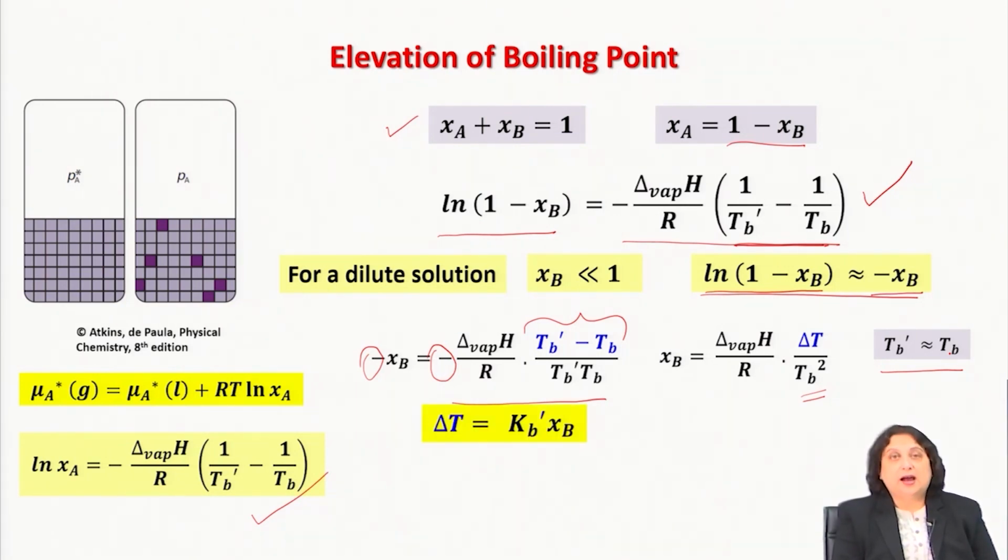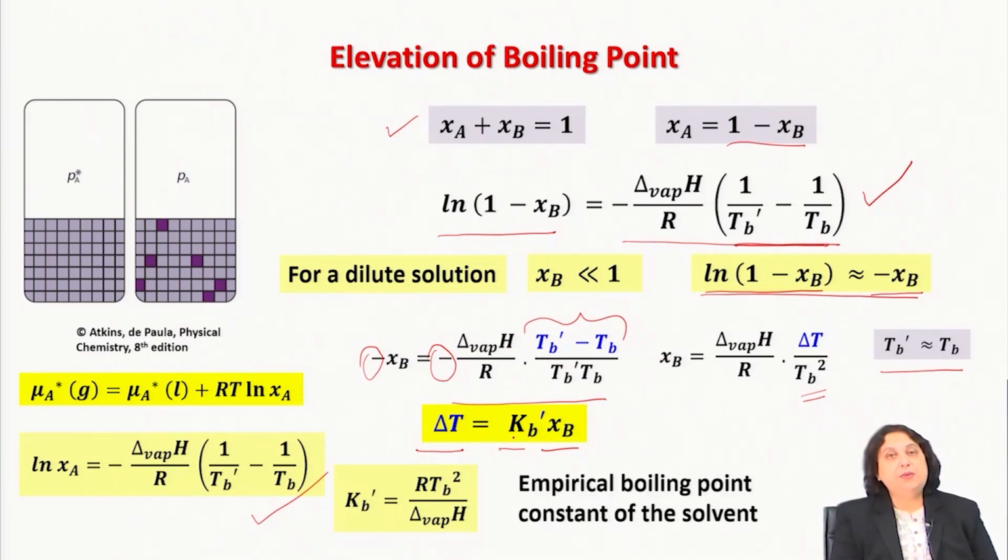So here I understand that by dissolving Xb mole fraction of the solute in the solvent, I would observe an elevation in the boiling point whose magnitude is going to be delta T, and delta T is going to be proportional to the mole fraction of the solute. And the proportionality constant, now I can find out exactly, which is given by R Tb square divided by delta vaporization H.